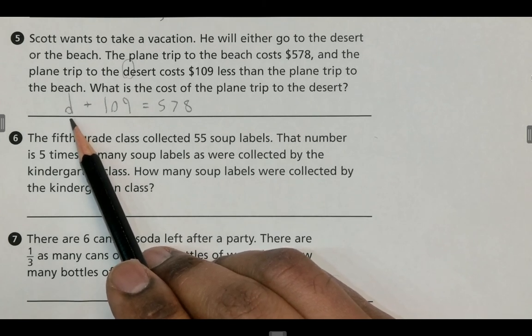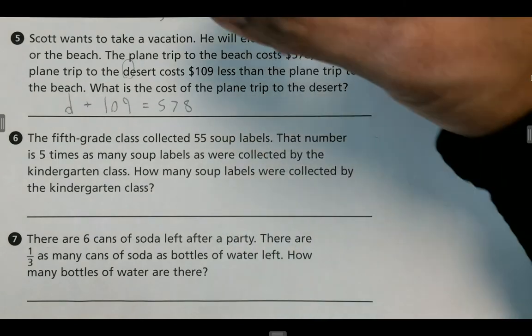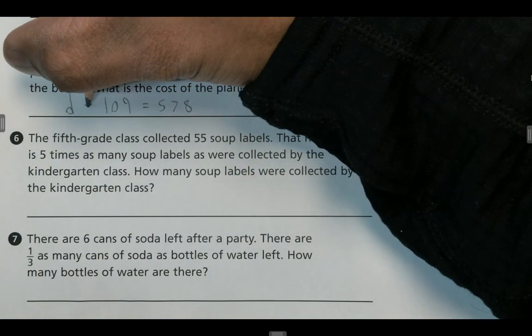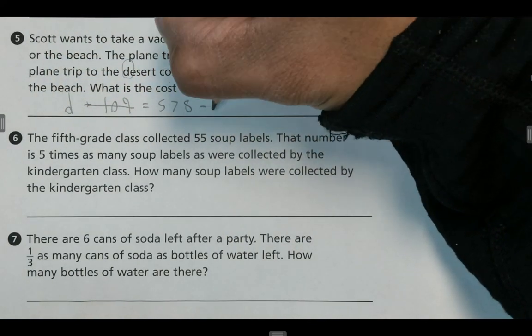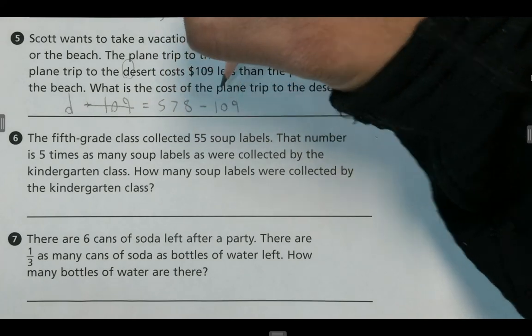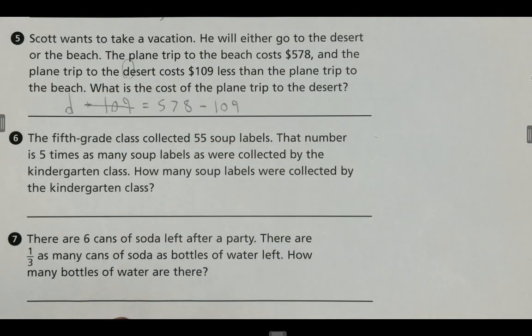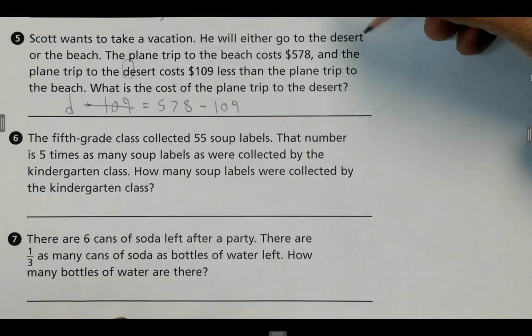If you said subtract 109 from both sides, you are on your way to really learning pre-algebra, which you will get plenty of next year in 6th grade. Pre-algebra is all about using clues to solve for an unknown. That's what we're doing.